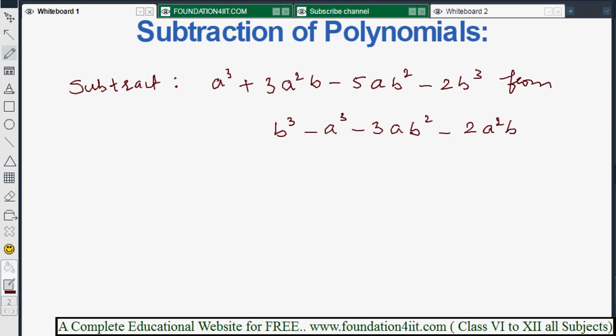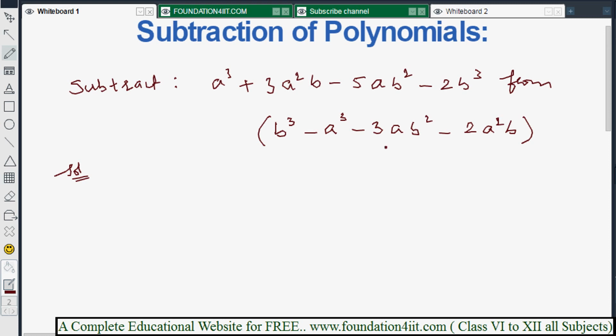According to the condition, first we need to write in order, arranging column-wise with like terms in the same column. From what you subtract, that should be written first. So from this I need to subtract: b cube minus a cube minus 3ab square minus 2a square b.